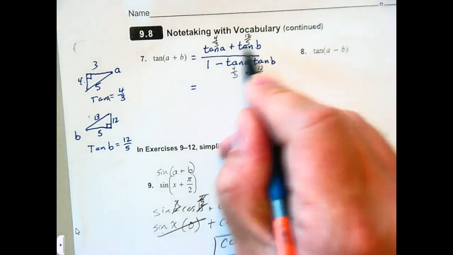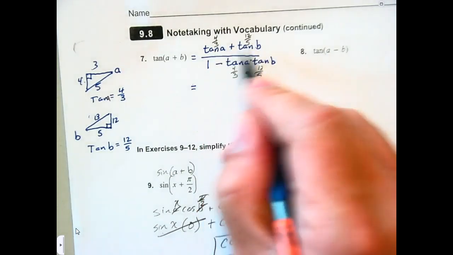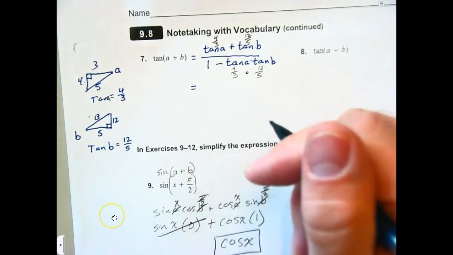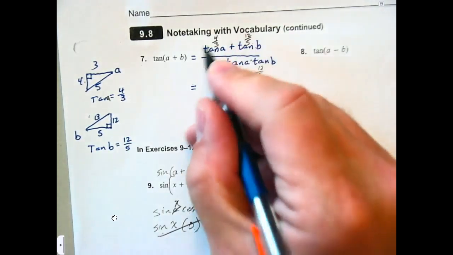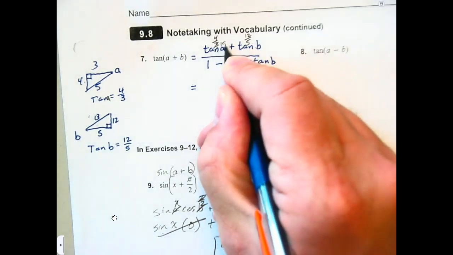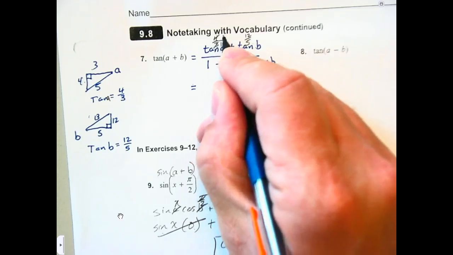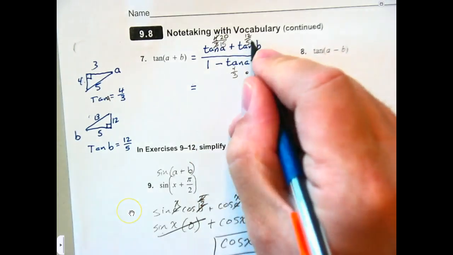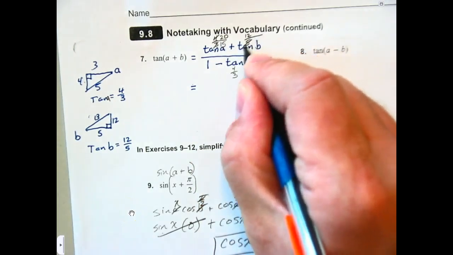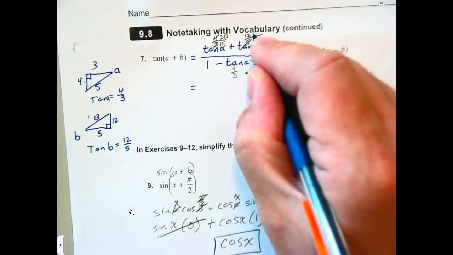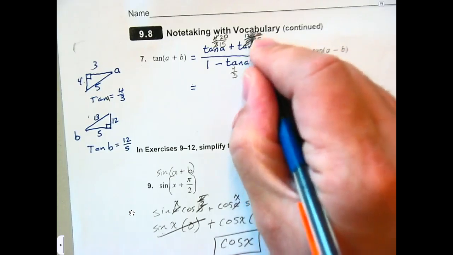When we're adding here, we've got to find a common denominator. That common denominator would be 15. So if this is 15, 3 times 5 is 15. So 4 times 5 is 20. This is 15. 5 times 3, so 12 times 3, 36.